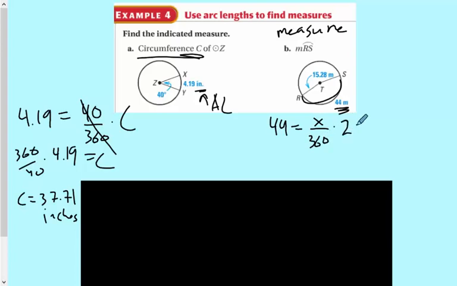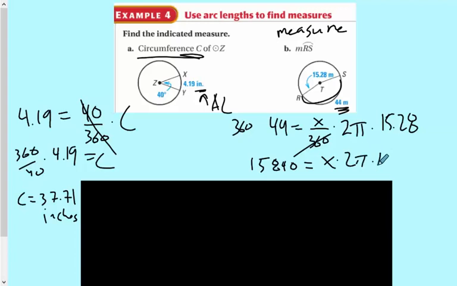Times 2 times pi times the radius, and the radius is 15.28. So to solve this, I'm going to first multiply by 360 on both sides to get rid of that 360 right there. So 360 times 44, 15,840. And then that equals x times 2 pi times 15.28.